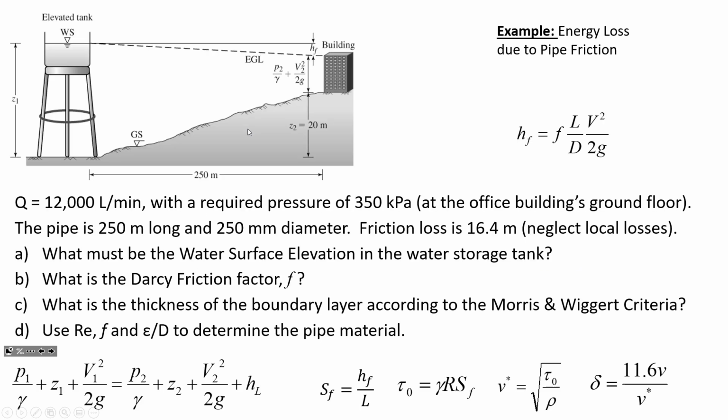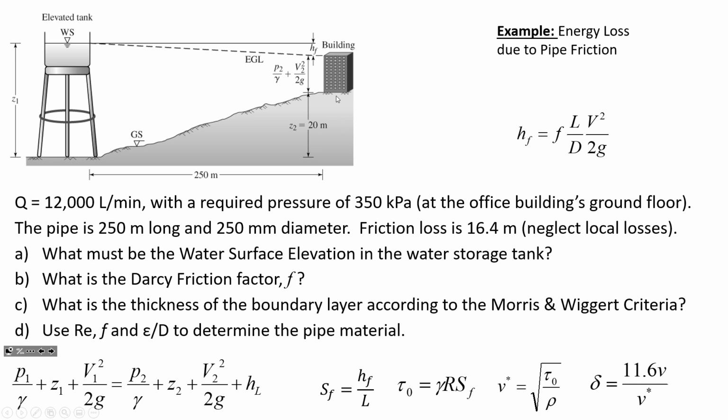All right. Now, let's change gears a little bit, dust off the calculators, and crunch some numbers. So I've got an elevated tank. You're going to have to calculate what the water surface elevation needs to be. We want to deliver a pressure of 350 kilopascals to the ground floor of the building. Here our datum is the bottom of the tank, and the ground floor of the building is 20 meters above that.